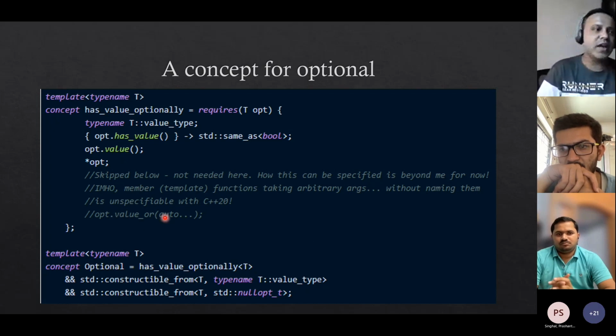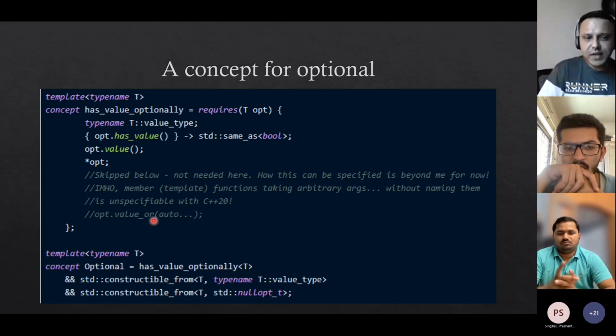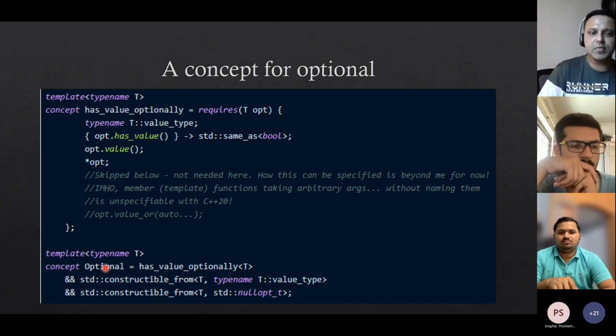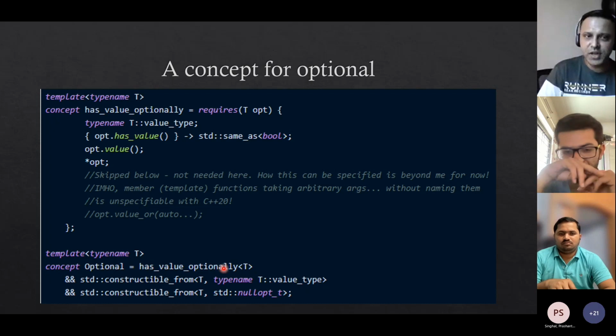So if you don't have the value, give me some other default. Okay. So I was not able to specify that last part, but with this concept defined, my optional would look like has a value optionally, based on these, and it should be constructible from the T that it holds. Okay, so that's what an optional T would look like.